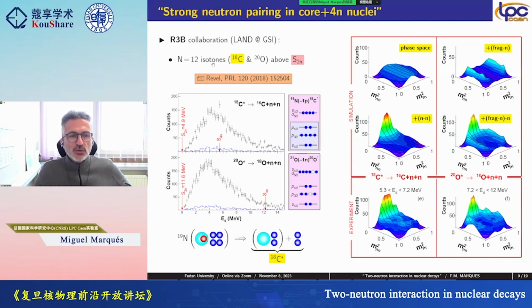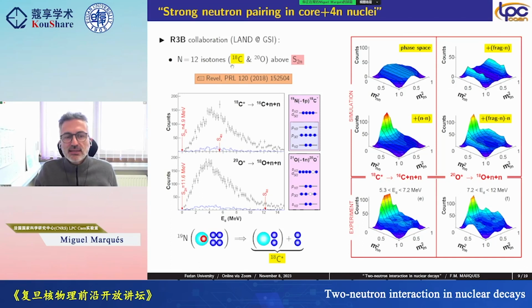Then this was work also in collaboration with Olivier Sorlin from GANIL. So he had access to all this data from GSI campaigns that were not at the drip line. So carbon-18, oxygen-20, and other systems that are not so neutron-rich.